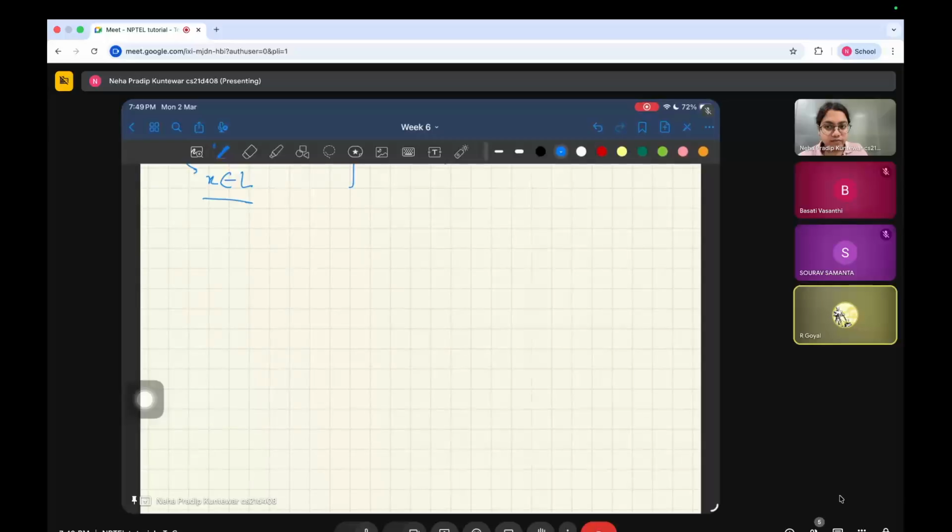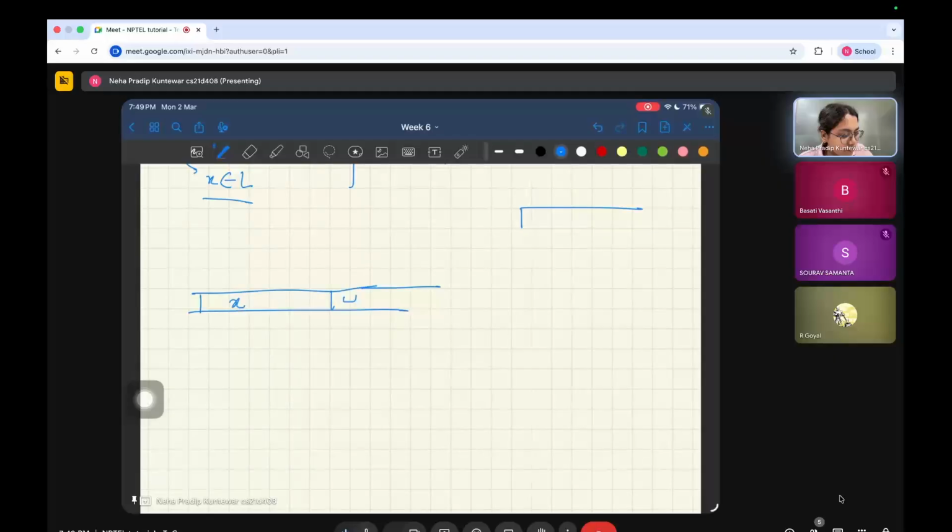X is an input, and you draw an arrow from X. I mean, X has been fed as an input to both machines. Say there is one box for the machine M1, another box for the machine M2, and then I give X again as input to both the machines, M1 and M2.